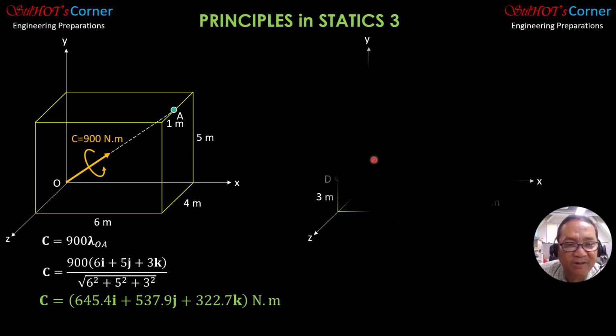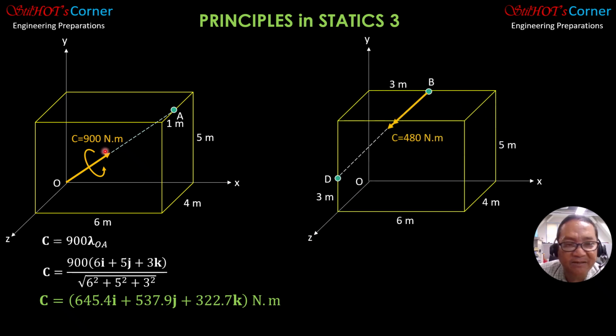And this is our last case, similar to this, but it is directed from B to D. So magnitude 480. So this is 480 times the unit vector of BD. The unit vector of BD is directed to the left 3, forward 4, then downward 2, where 2 is 5 meters minus 3.